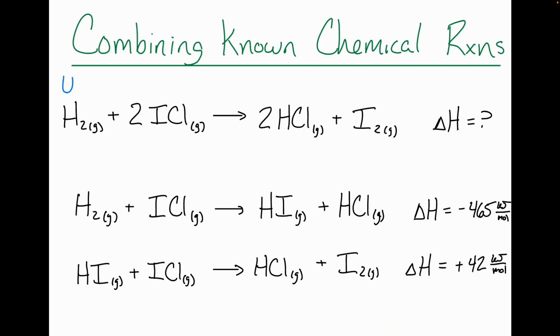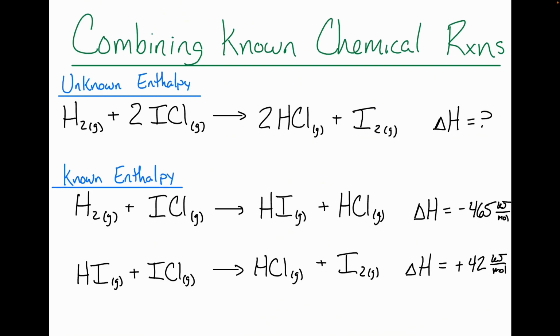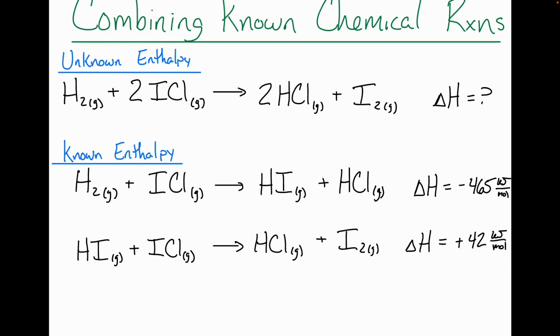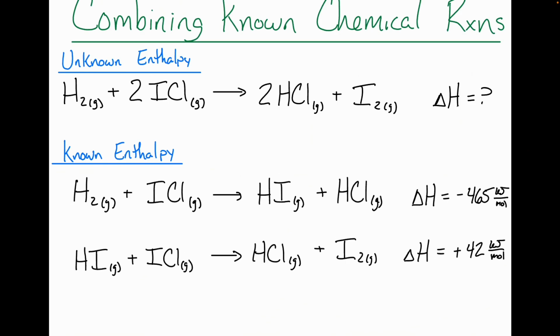All right, so we have this unknown enthalpy, and then we have these two reactions where we know their enthalpy. What we need to do is combine these two reactions. We're going to sum up these two chemical equations here.